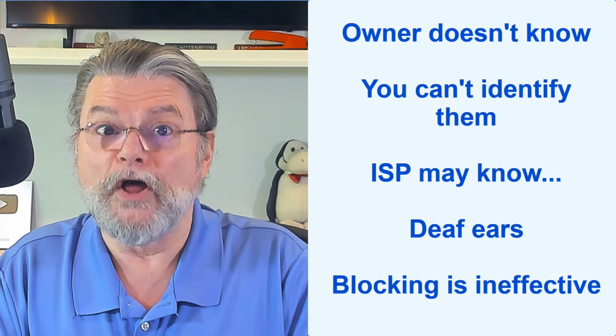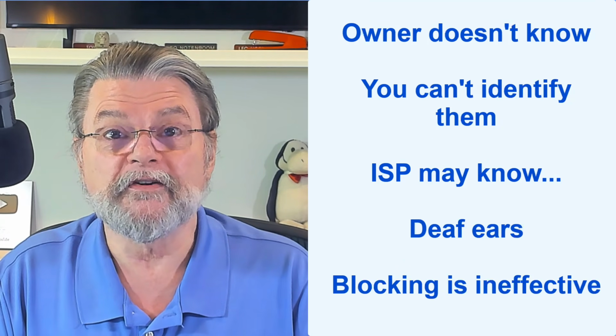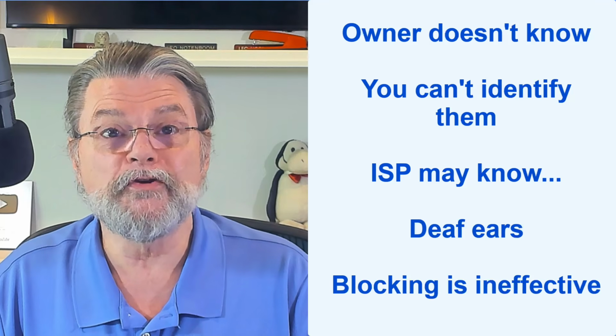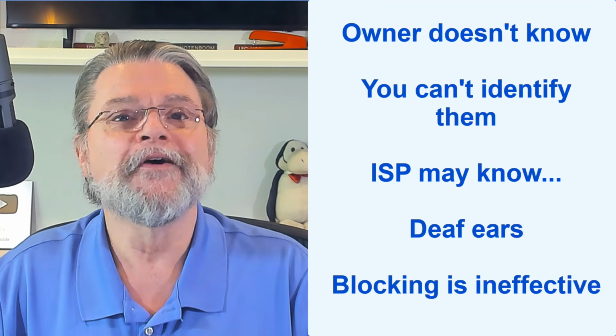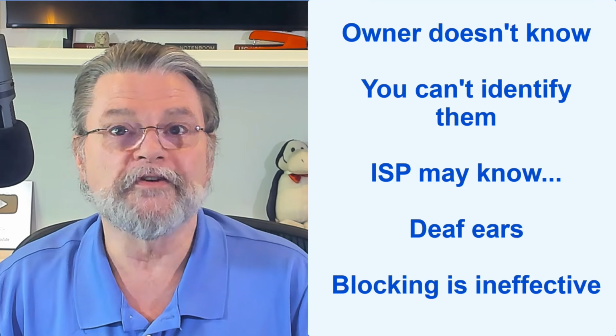They're typically overloaded with much more important issues. And blocking that IP address is ineffective, since the next spam you get will be from a different one of the thousands of compromised computers. There's just no way for you to identify the real spammer, the botnet controller, from any of the information available to you.